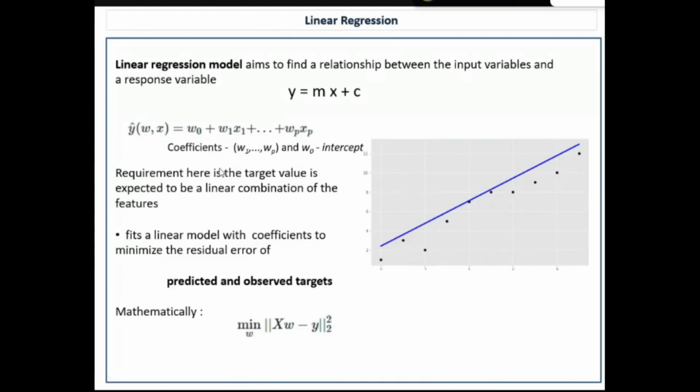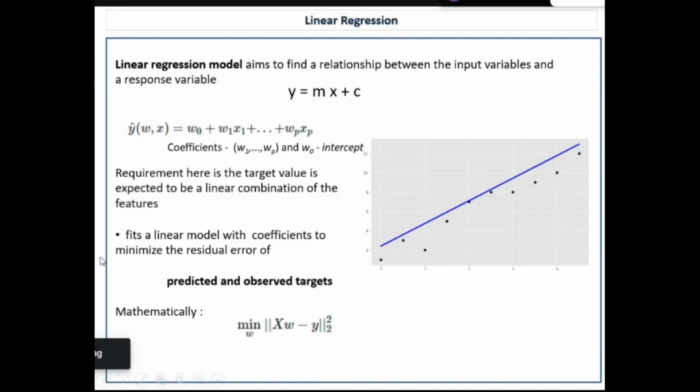Those are found for each data point. And here the strict requirement is that the target value is expected to be a linear combination of the features, which means there also has to be a trend which is linearly increasing. If it does not satisfy this, linear regression completely fails in those conditions.